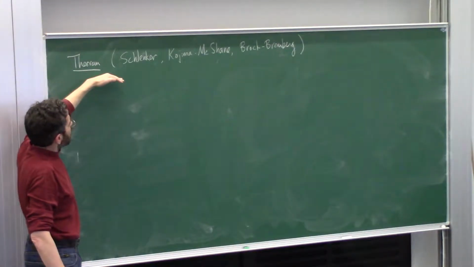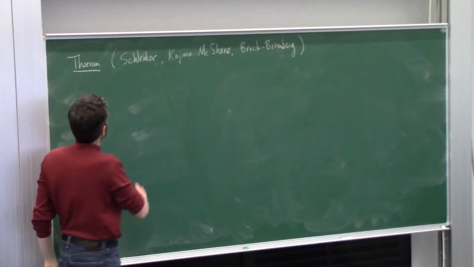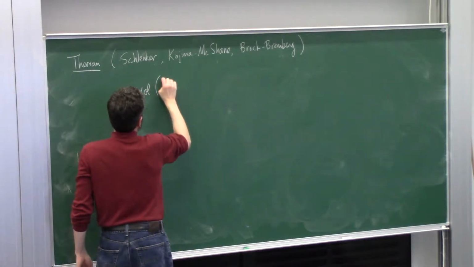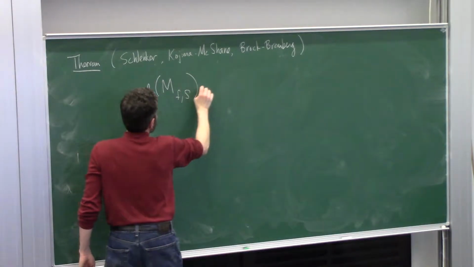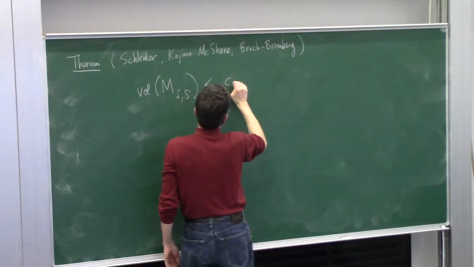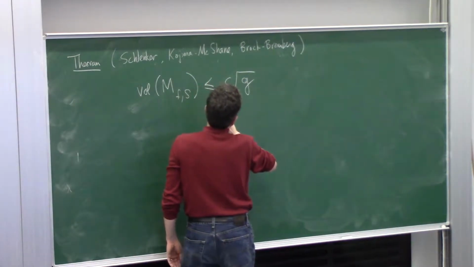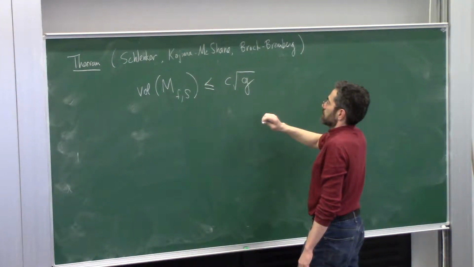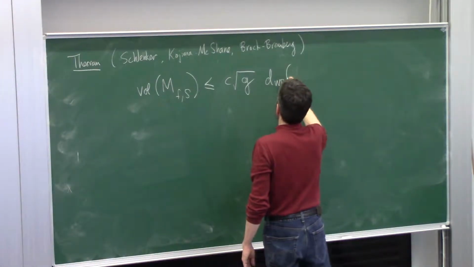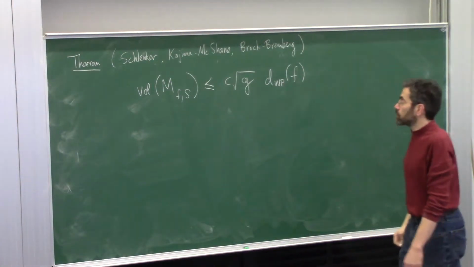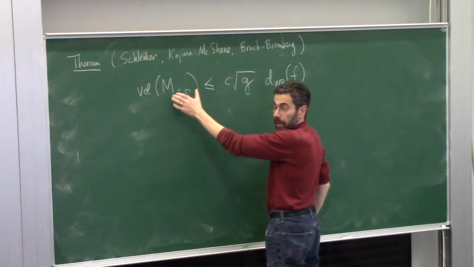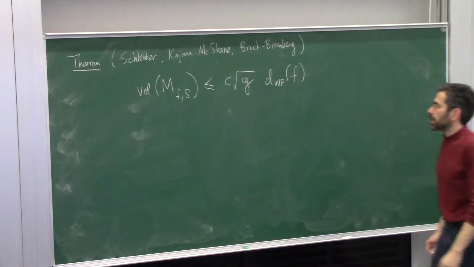The theorem relates Weil-Petersson distance to volume, and it says that the volume of the hyperbolic manifold M_F is bounded above by a constant times square root of g times d_WP. So this normalized Weil-Petersson dilatation bounds the volume of the hyperbolic structure on the fibered manifold.